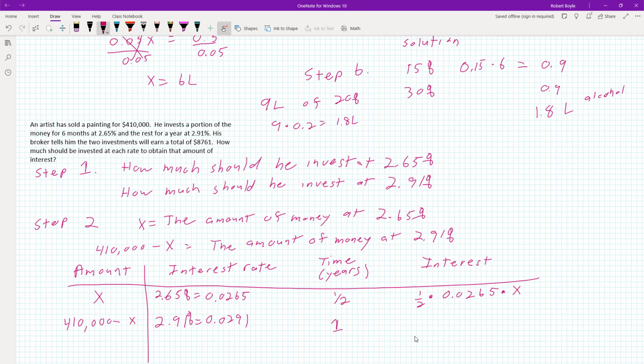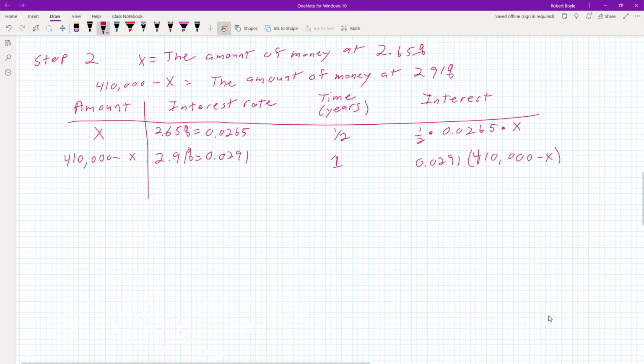And of course, the interest generated there is going to be 0.0291 times $410,000 minus X.